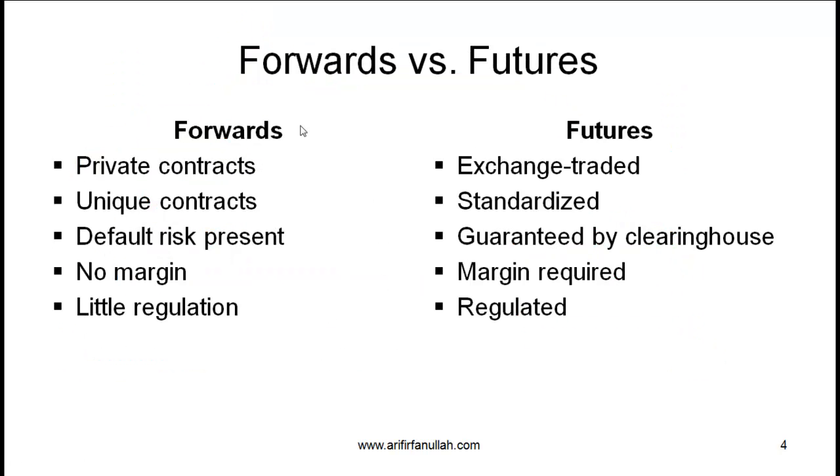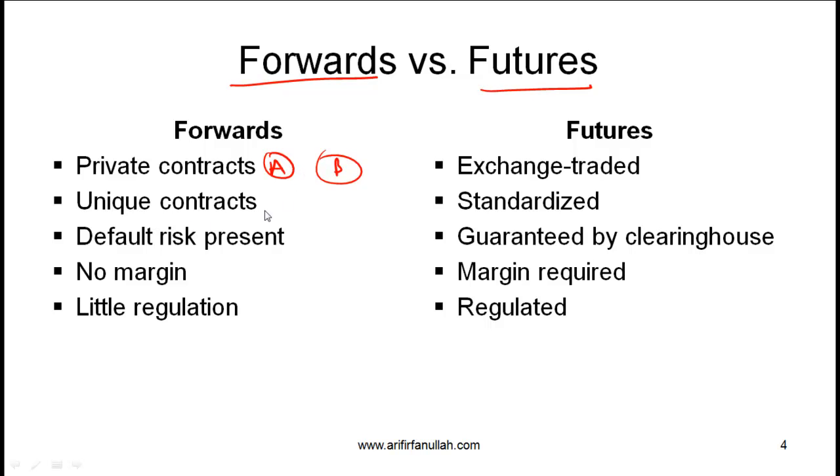So let's now draw a distinction between forwards and futures, and from an exam perspective this is a popular question. As you saw earlier, forwards are private contracts between two parties. One party could be an end user, the other party could be a dealer, but nevertheless these are private contracts.